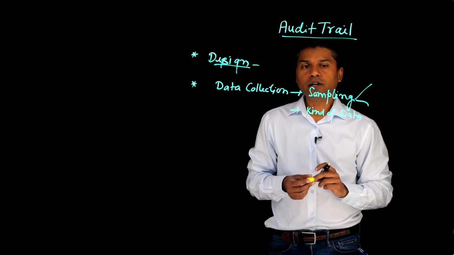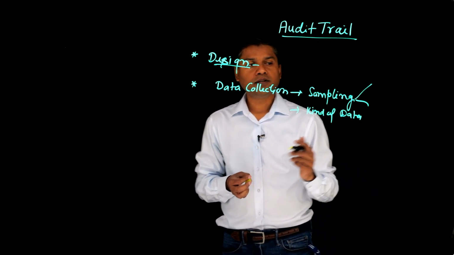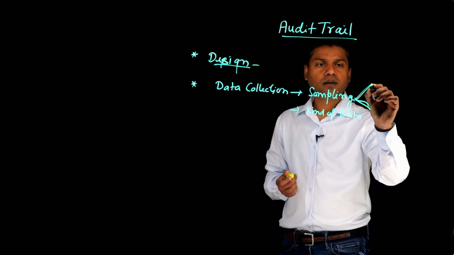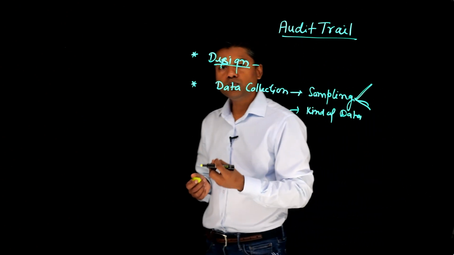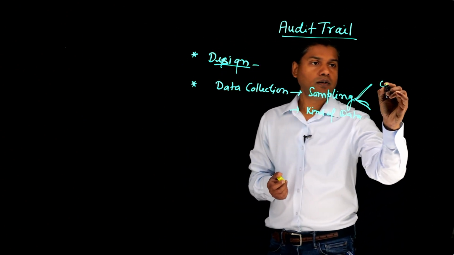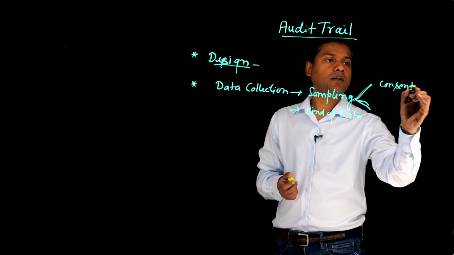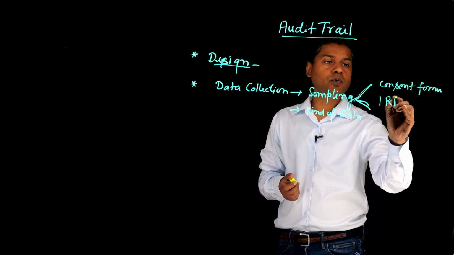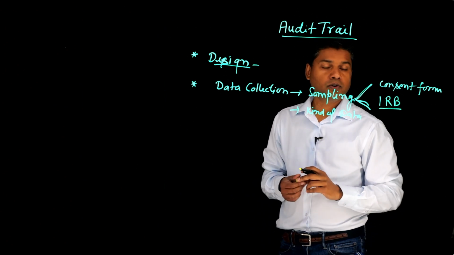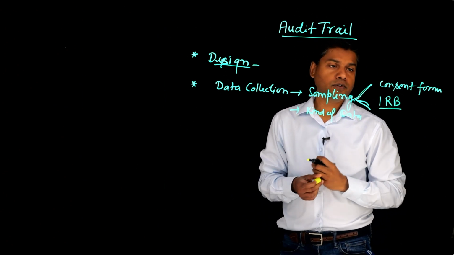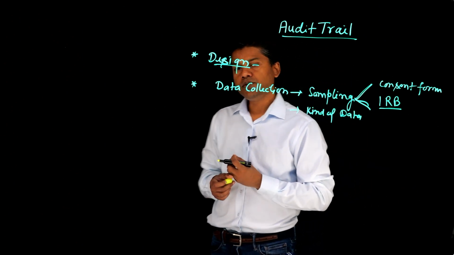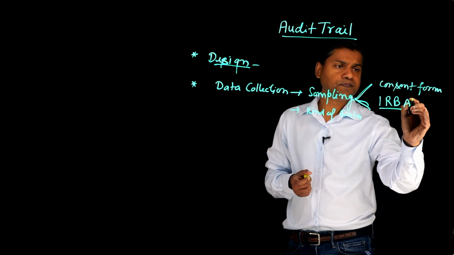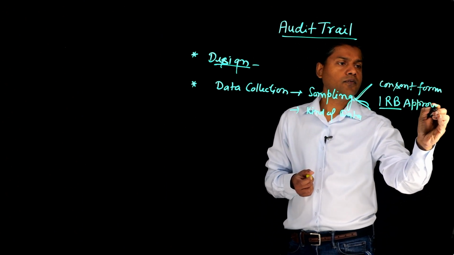In terms of audit trail, at the sampling level, you are giving a consent form to all your participants. Then the institutional review board, IRB, or the research committee, approves your research if you are doing research with human beings. So IRB approval is another sort of audit trail.